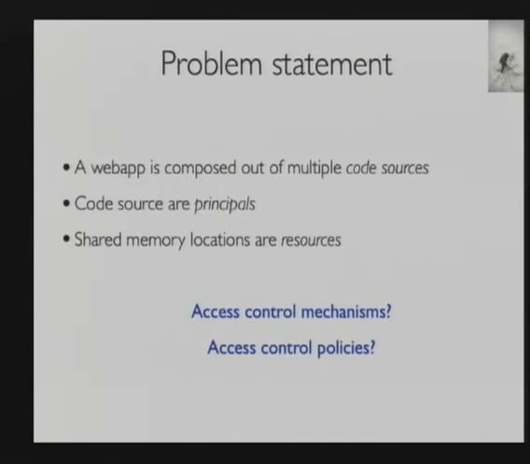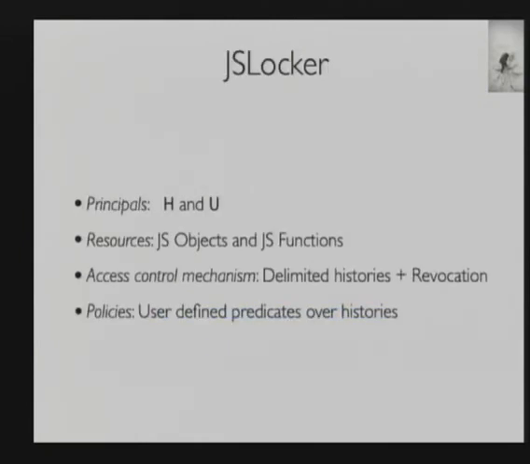And the question we have to answer is, how can we control access to JavaScript objects in this environment, and what policies do we want to enforce on the ads? So we'll simplify our life by saying that there are just two principals: the host H and the untrusted code U, which represents all the ads. We're not going to segregate them.